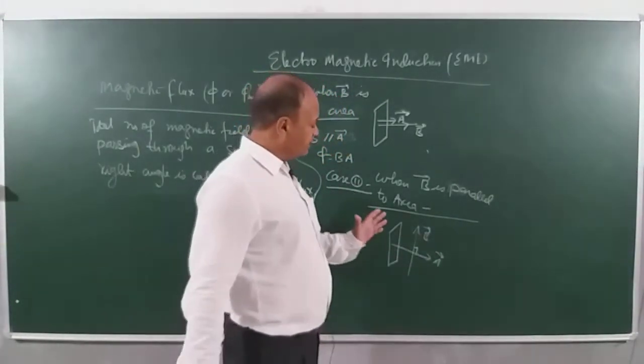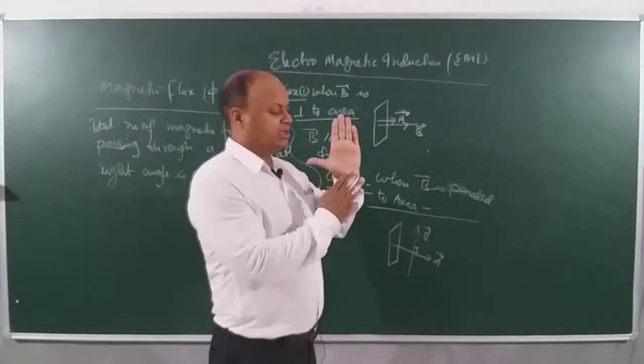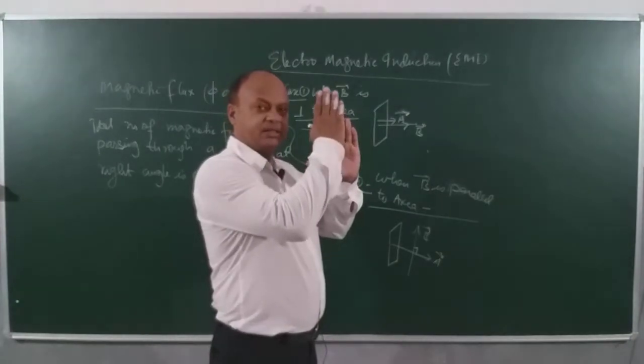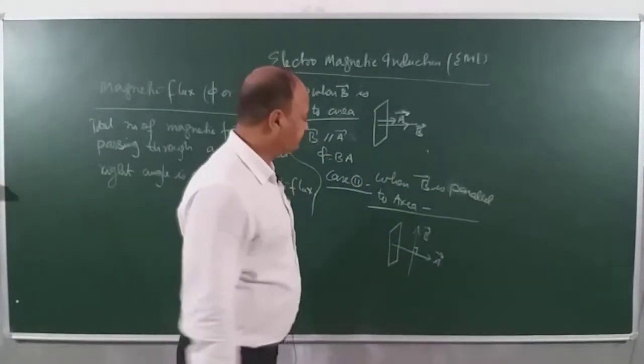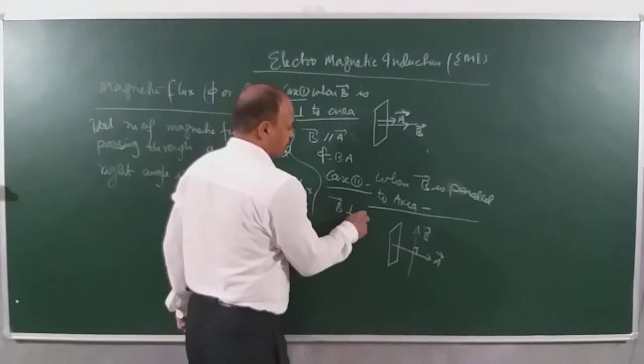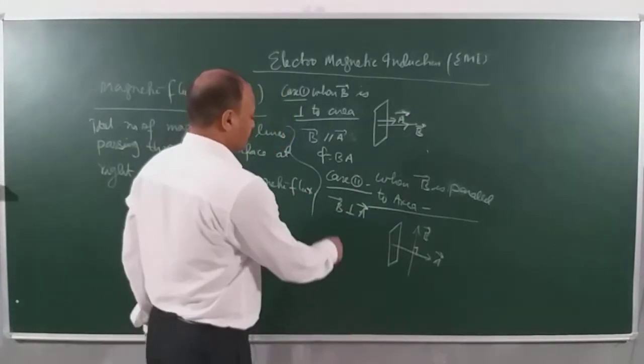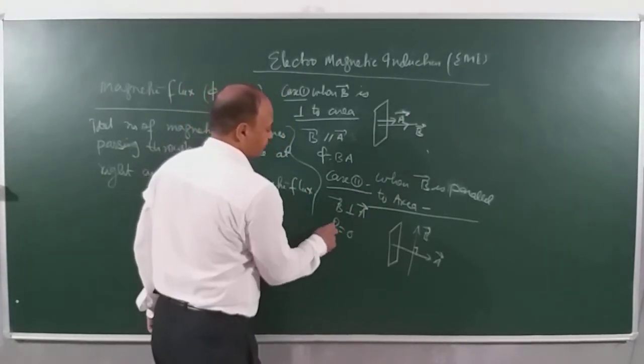In this case, you can clearly see if I put my palm like this and I light a torch, then the torch light will pass like this, and will not pass through the given area. So in this case, the area vector is perpendicular to the magnetic field, right? And in this case, flux phi will be equal to how much?